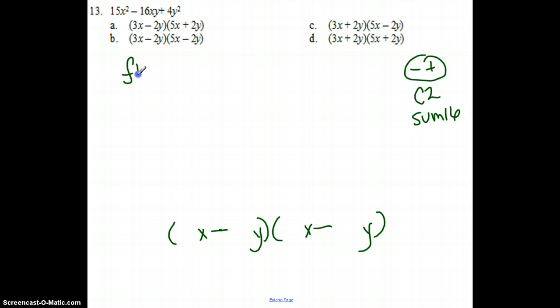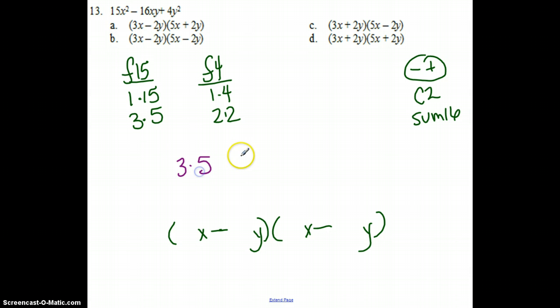I'm going to factor 15 and I'm going to factor 4. So remember, when we're looking at these factors, we want to start with the ones closest together.